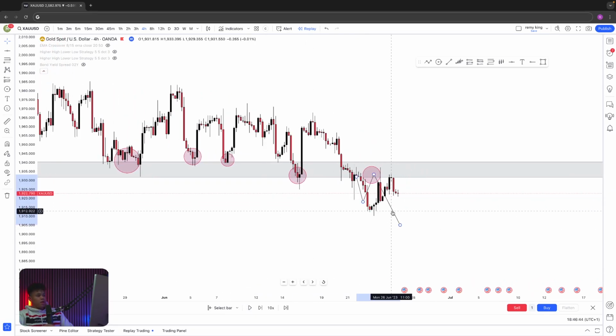Let me move away these things. Boom, we broke through this area, through the previous resistance area, went back, price gave us a pullback, used it as a resistance area, and then we could have entered a short position based off of this.